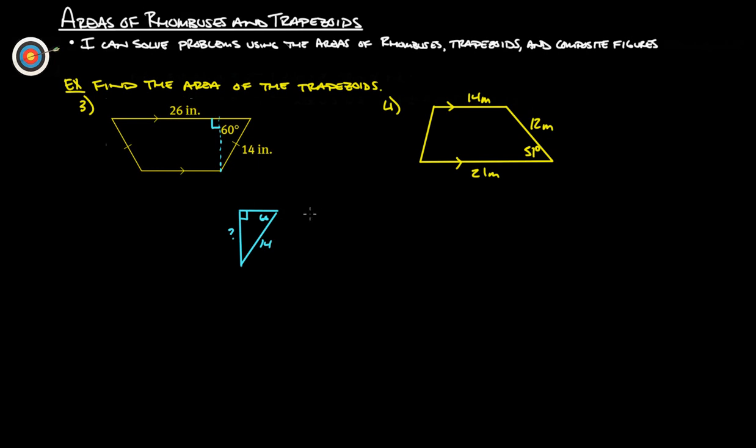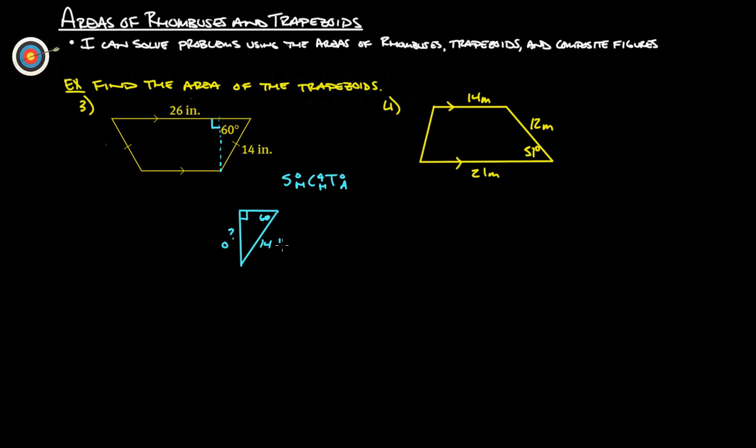Honestly, probably our best bet on this, if you remember the 30, 60, 90 rule for triangles, that's great. Most people probably don't, so let's use our trig ratio, right? SOHCAHTOA. So we've got, this is 60 degrees. This is the side that we want, that's opposite.